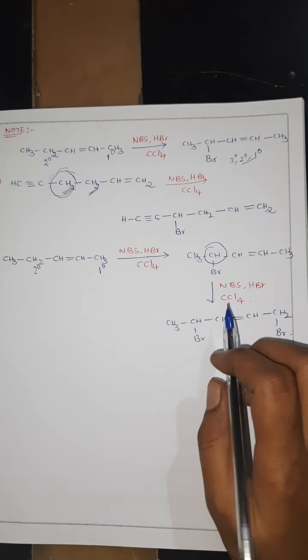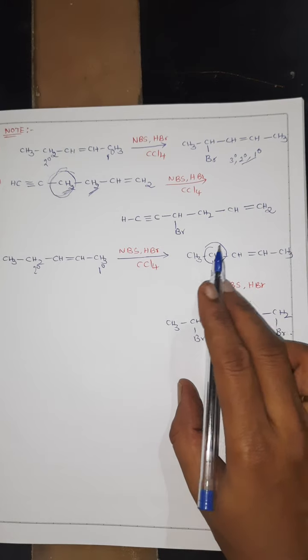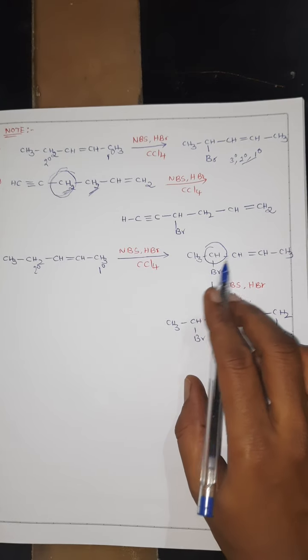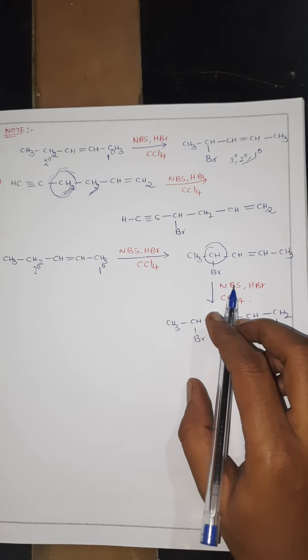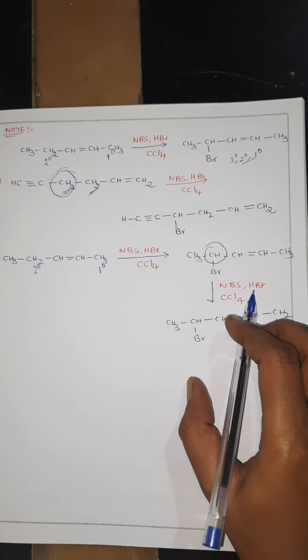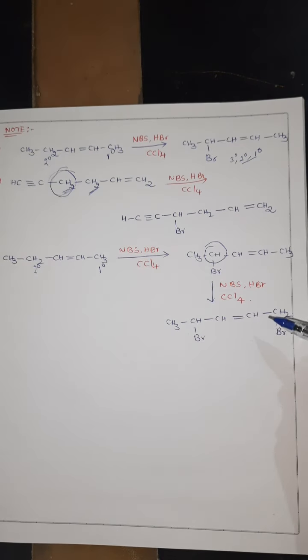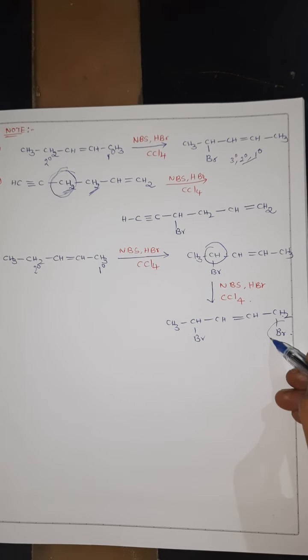If we continue this reaction, that means this compound is again treated with N-bromosuccinimide and hydrogen bromide, the other allyl position of the double bond is also substituted by a bromine atom.